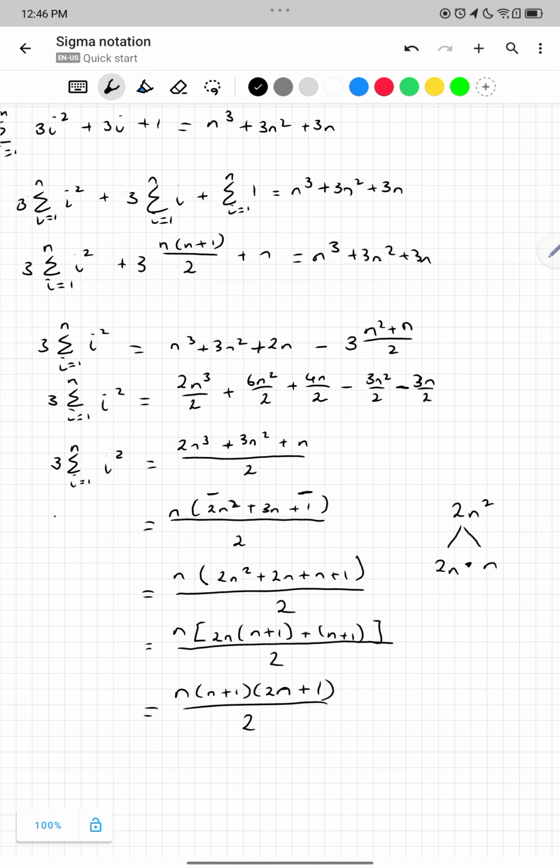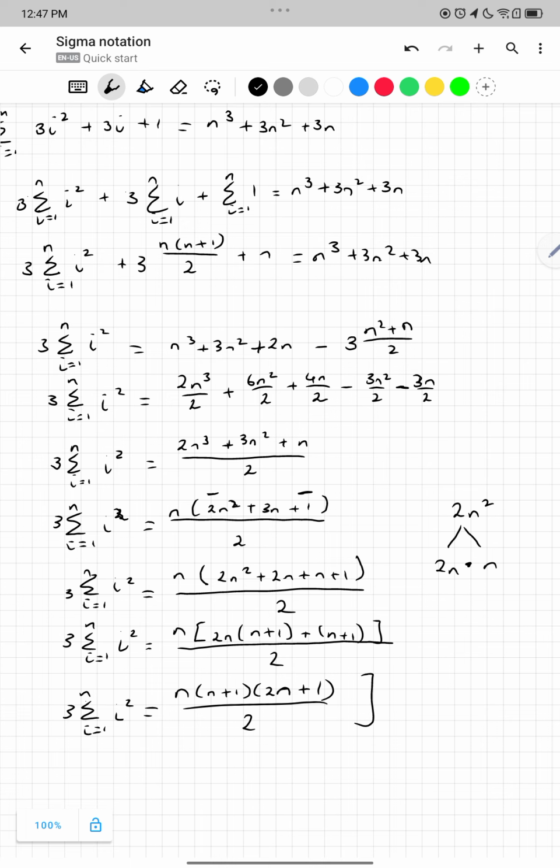So let's not forget to carry this one down, the sum of i squared.